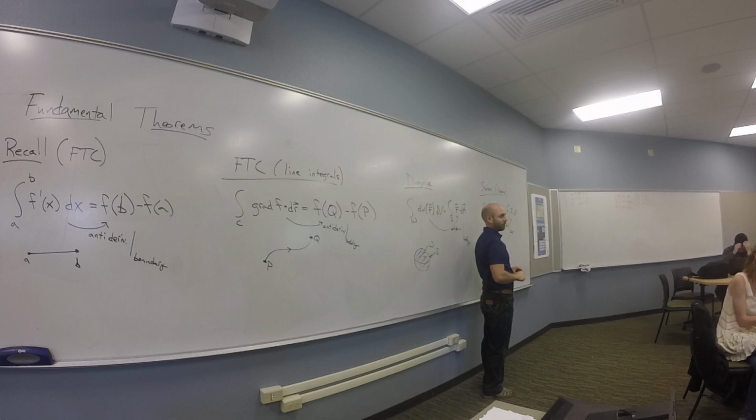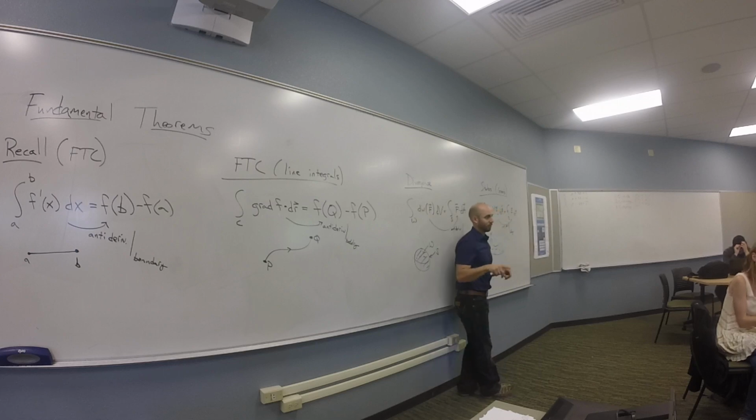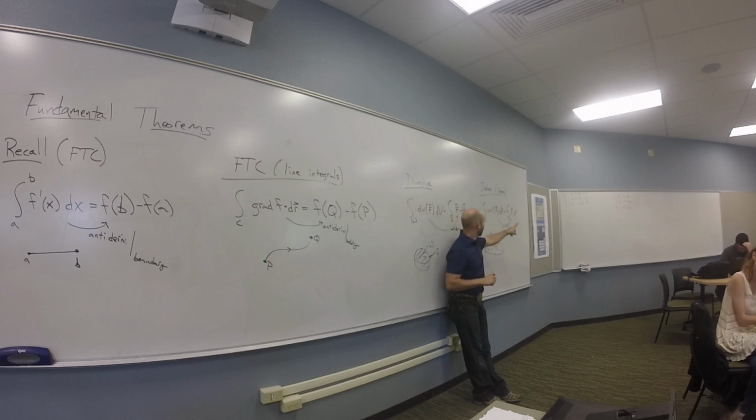Cool. Chris and I were talking about Stokes a little bit on Monday. You're taking an antiderivative, but also sort of anti-crossing, if you go in this direction. How possible is it to find an anti-curl?